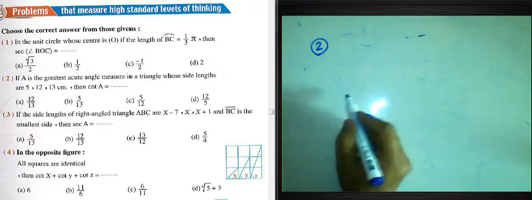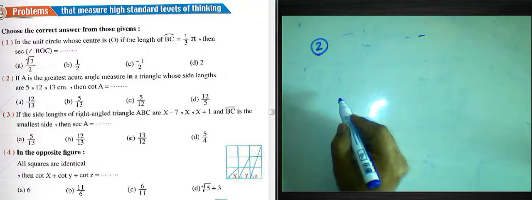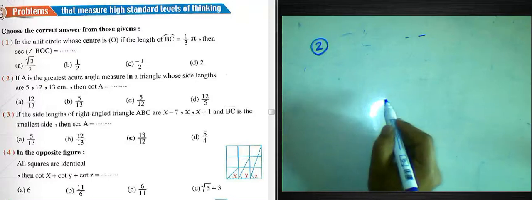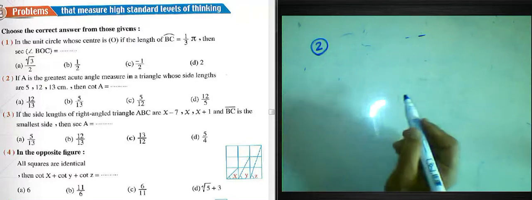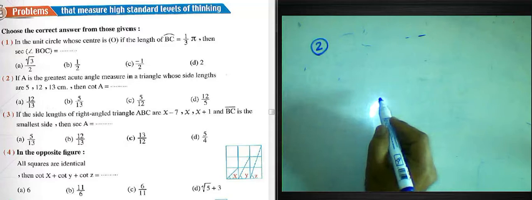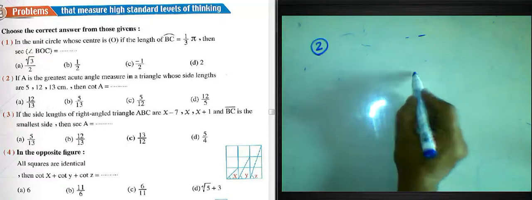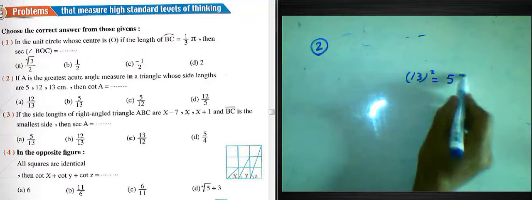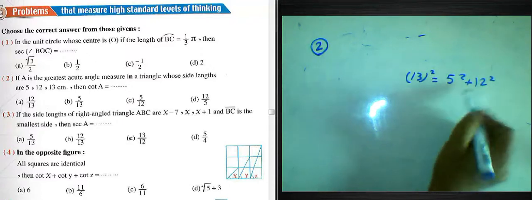If A is the greatest acute angle measured in a triangle whose side lengths are 5, 12, 13, then cotan A equals. First, 13 power 2 equals 5 power 2 plus 12 power 2.